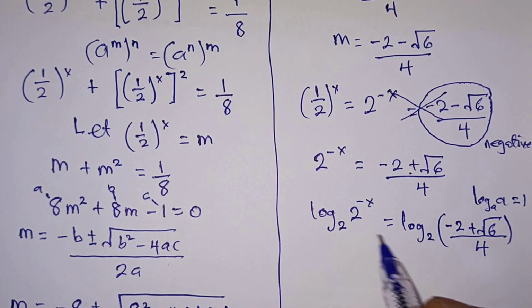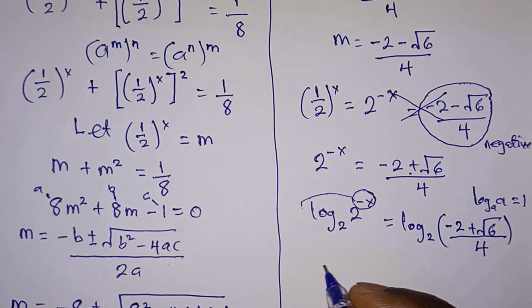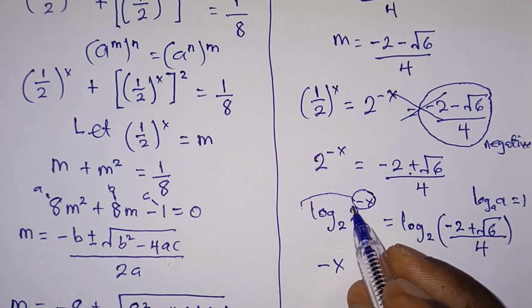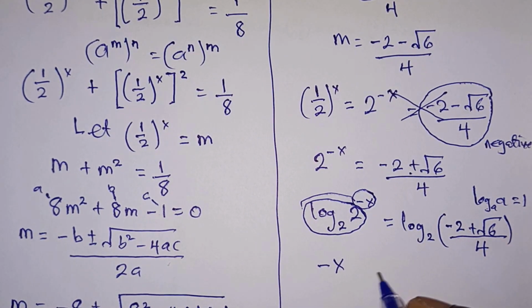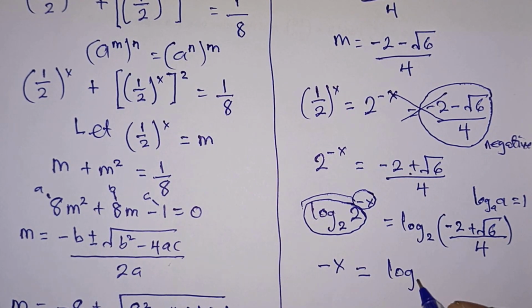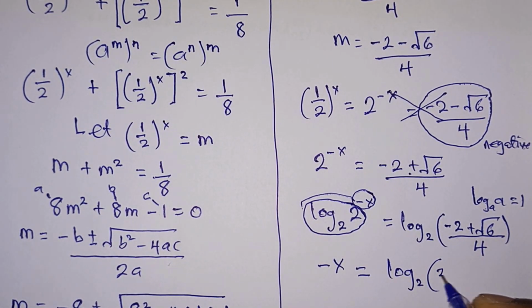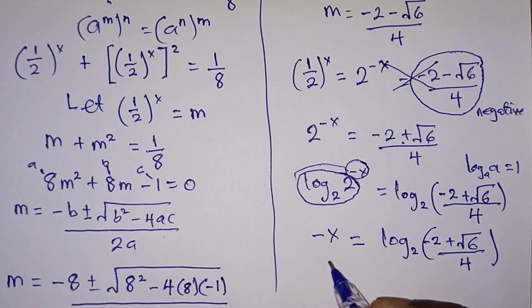Now from logarithm, the power becomes the leading number. So you're going to have negative x. Then log base 2 of 2 is equal to 1 from this equation. So this is equal to log in base 2 of (-2 plus square root of 6) all divided by 4. We want x and not negative x.